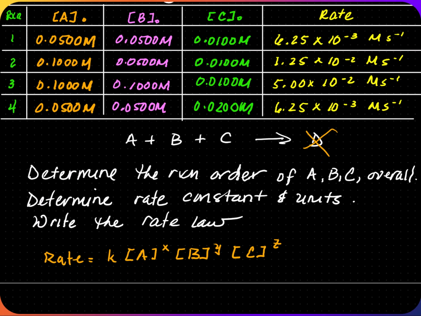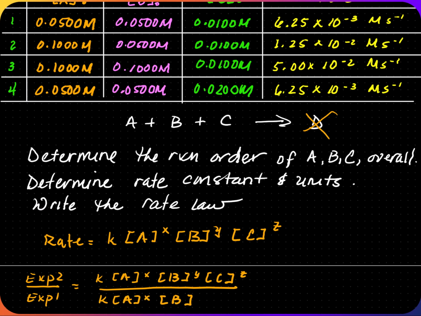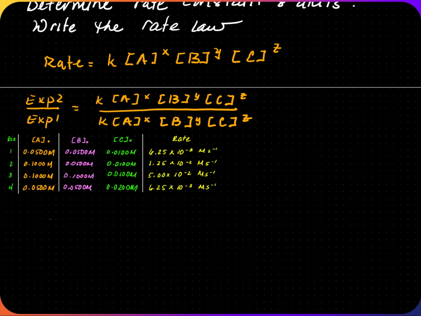So my ratio is going to be experiment 2 over experiment 1, and I'm going to write my generic equation so you understand what we're doing. That's K, A to the X, B to the Y, and C to the Z. We're going to do the same thing for experiment 1, which is K, A to the X, B to the Y, and C to the Z. And now I'm going to plug the numbers in.